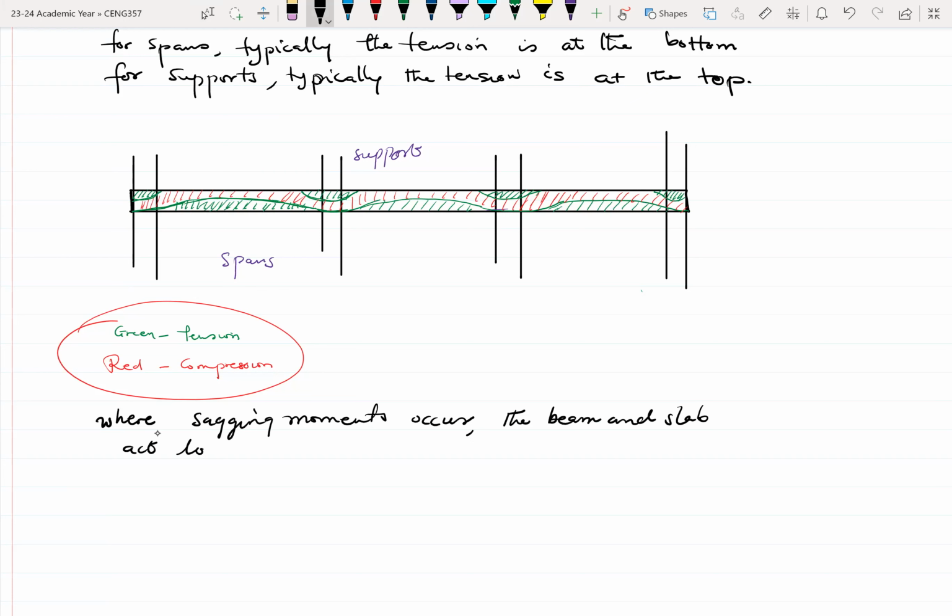So that's like mid-span, or somewhere in the span of the beam where sagging moments act. As such, the beam can be designed as a T-beam.